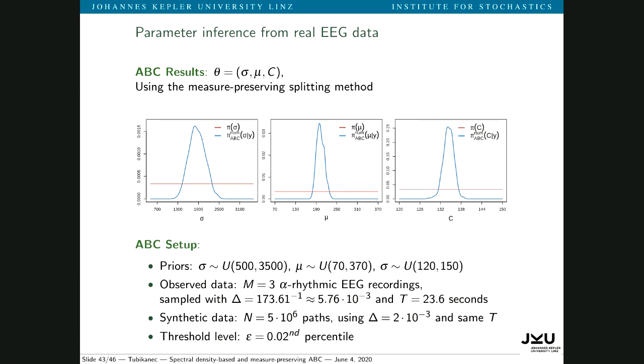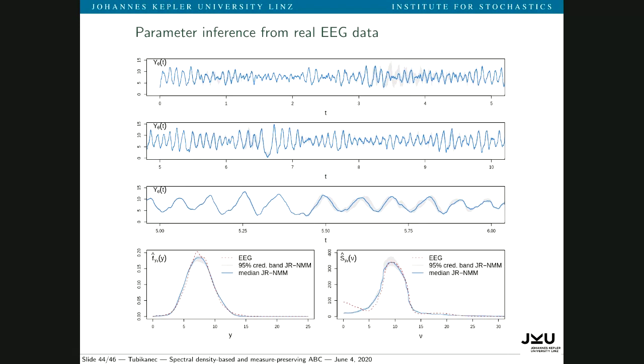As a very last thing, I'd like to show you the 95% credible bands of trajectories, density, and spectral density that we obtained by plugging each of the, in this case, 1,000 kept samples into the model and producing paths always under the same random numbers.